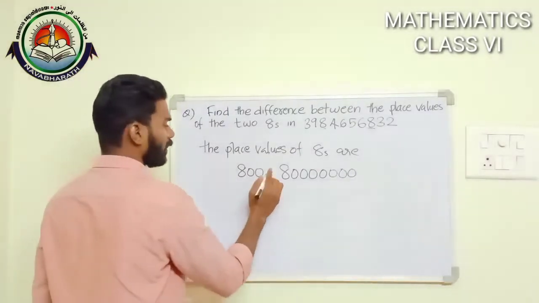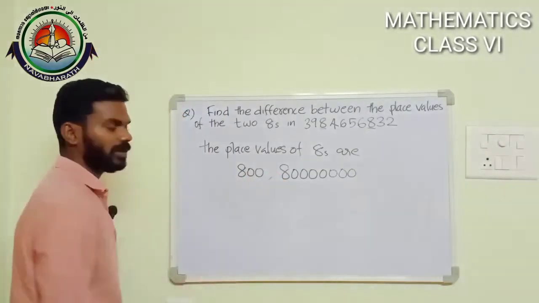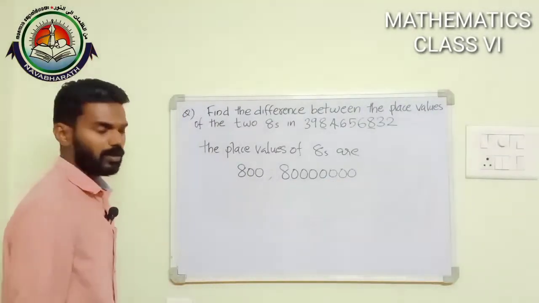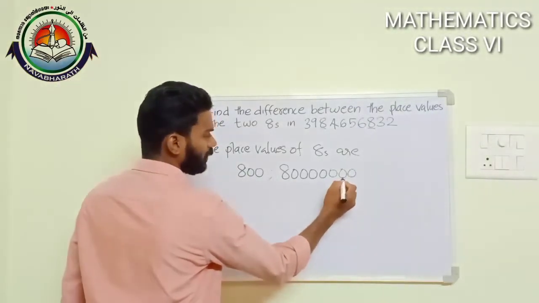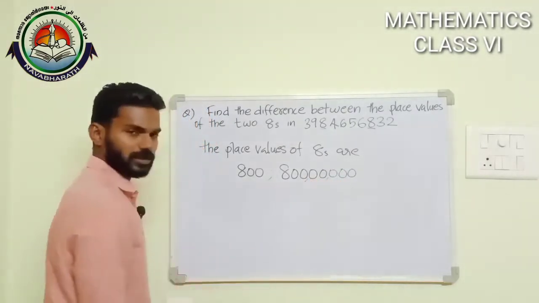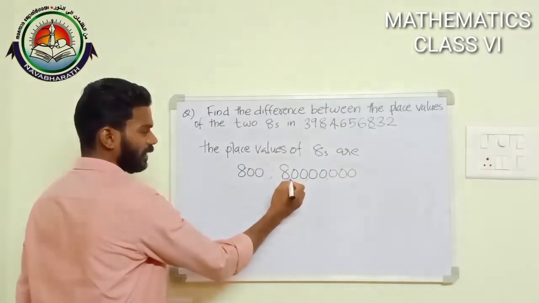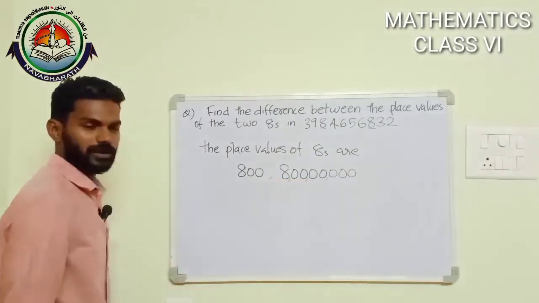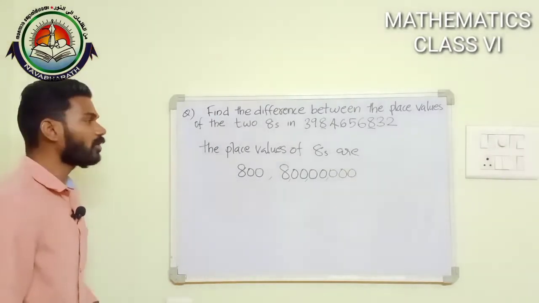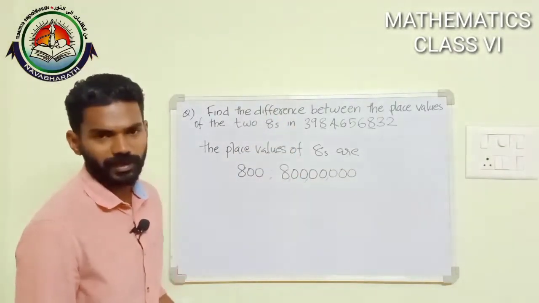So one number is 800 and the second number is this one. How can you read it? Ones, tens, hundreds, thousands, 10,000s, lakh, 10 lakh, then crore. It would be 8 crore. So, two place values are obtained.